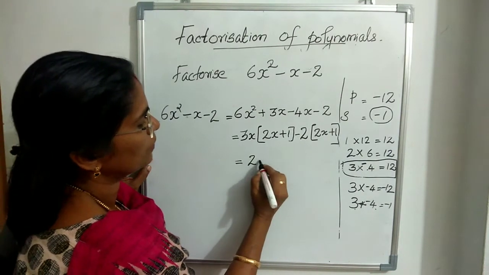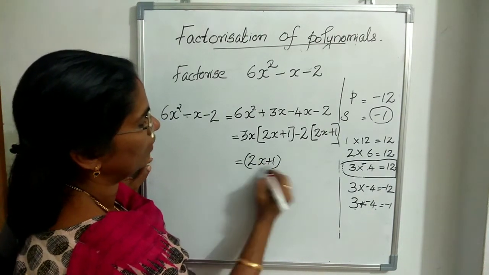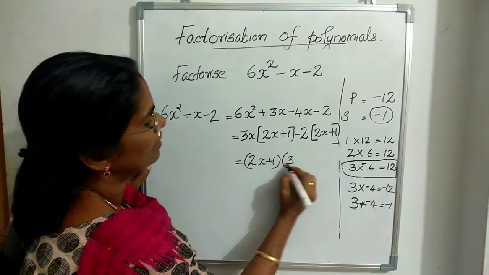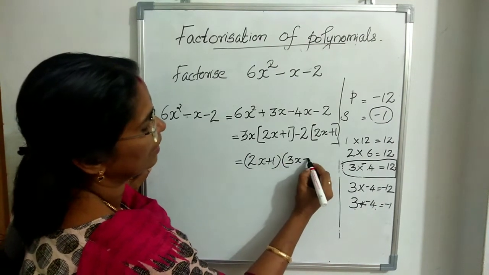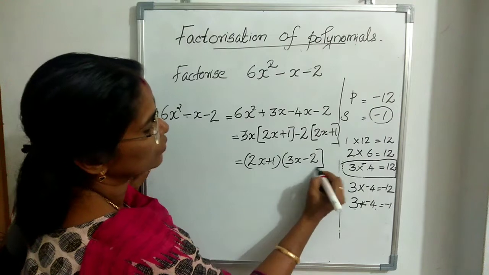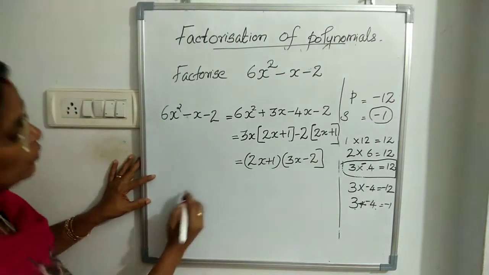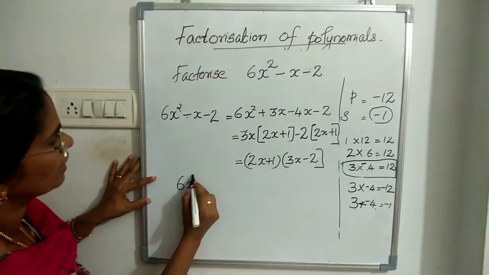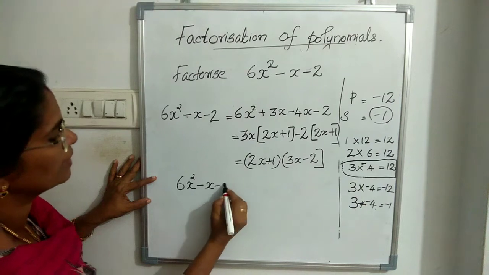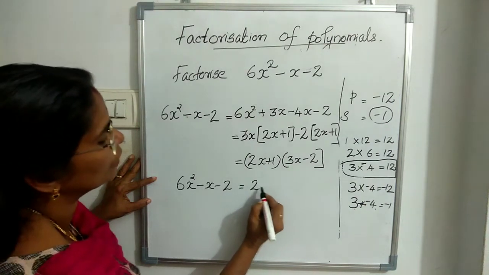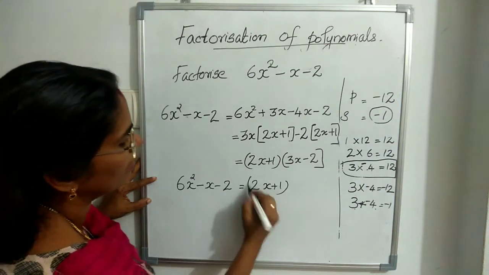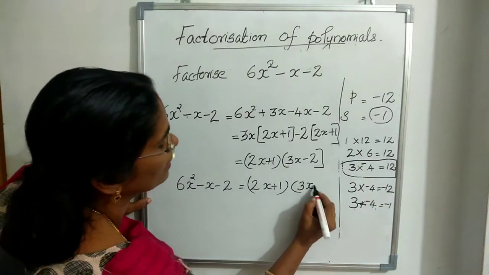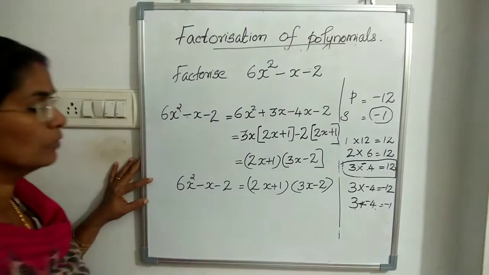Now 2x plus 1 we can take as common. Then the balance in this term is 3x and here it is minus 2. So these are the two factors of 6x square minus x minus 2, that is equal to 2x plus 1 into 3x minus 2.